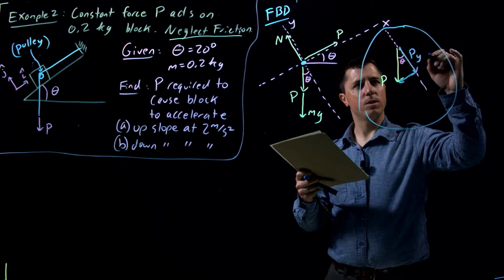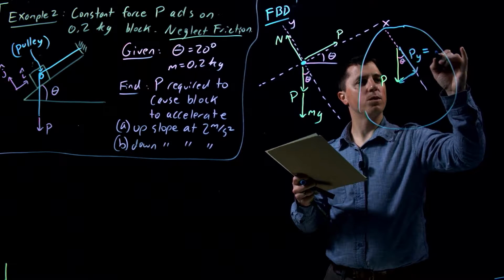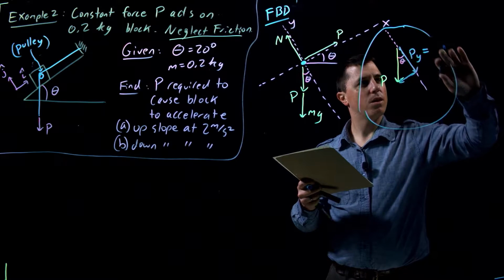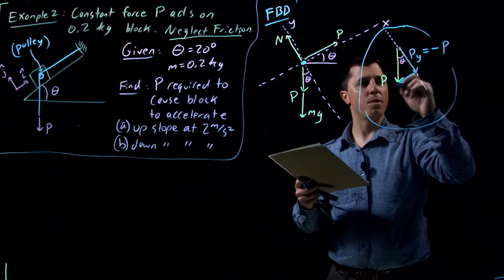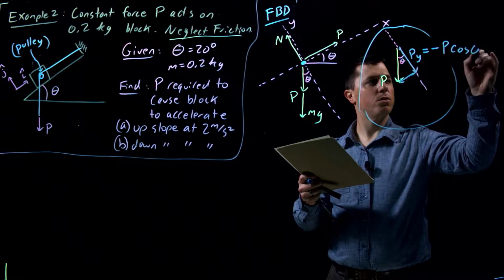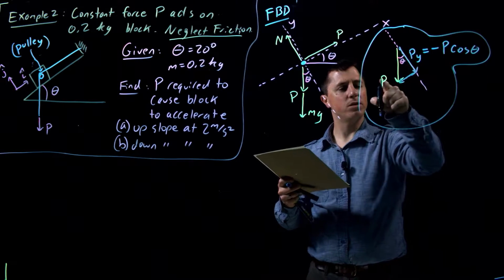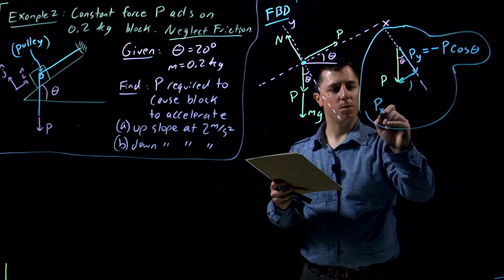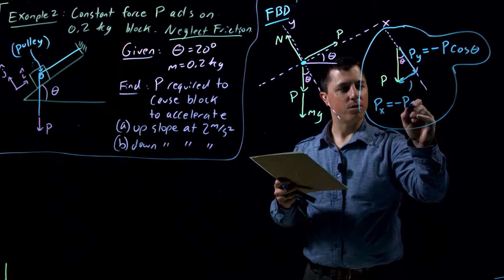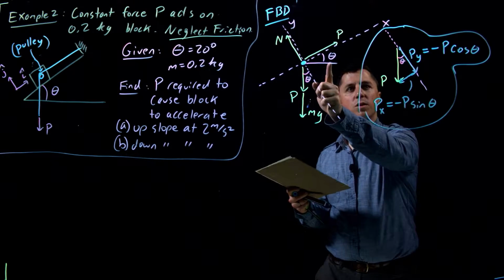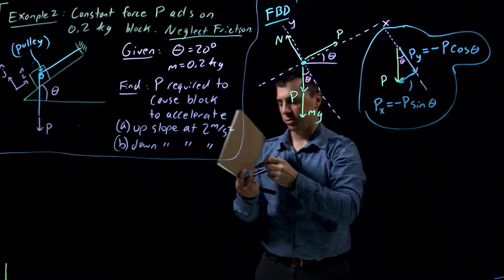That's the component in the y direction, which is going to be a negative quantity. So if P is the magnitude of the force, it's minus P cosine theta, as it's adjacent. And this one here is the x component, which is also negative, minus P sine theta. This is the positive x direction, positive y direction by choice.